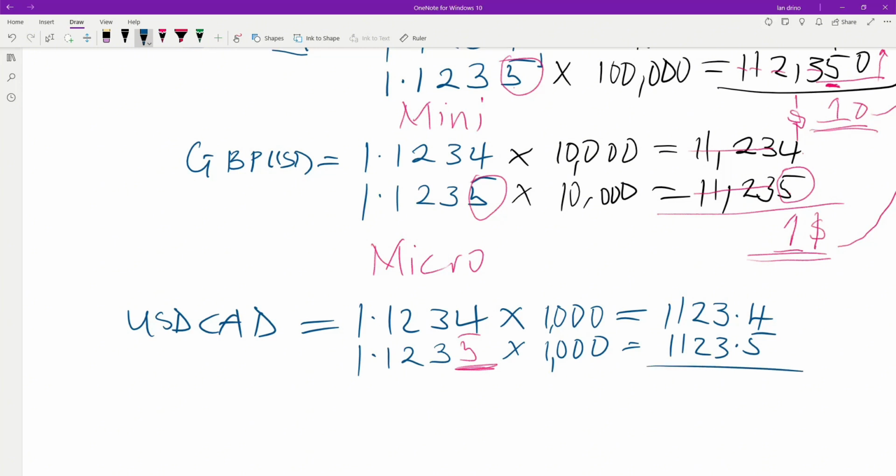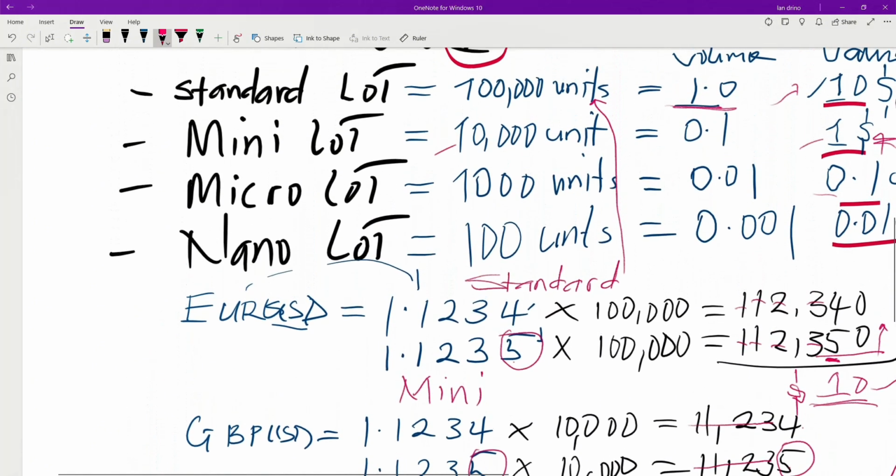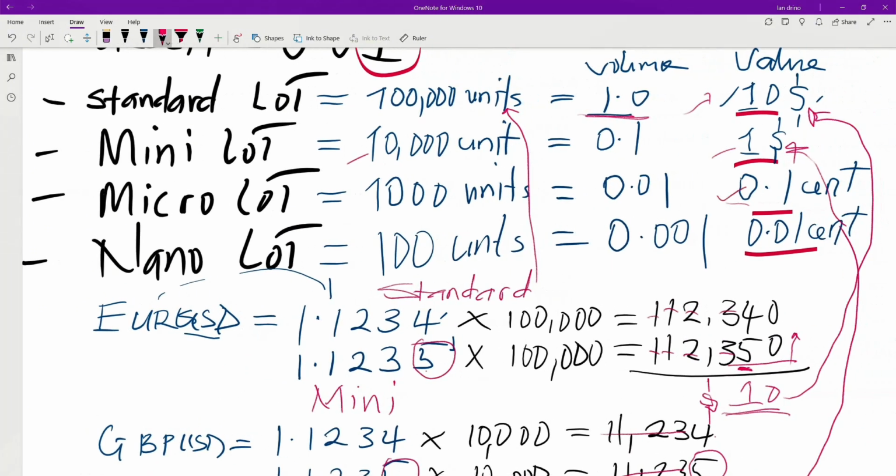Now, if you do your math correctly, you notice that this is going to cancel itself and you are going to be left with 0.5 minus 0.4. What is it? 0.1. So the value per pip for a micro account is 1 cent. This is a cent, and this is what we said here. It's equivalent to 1 cent. I hope it is clear.